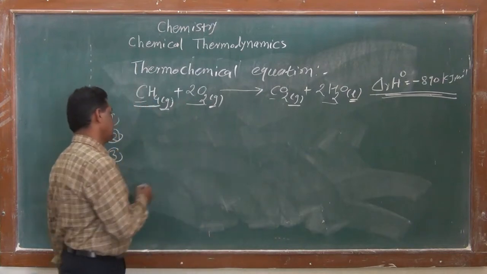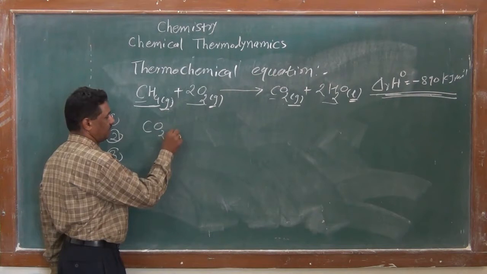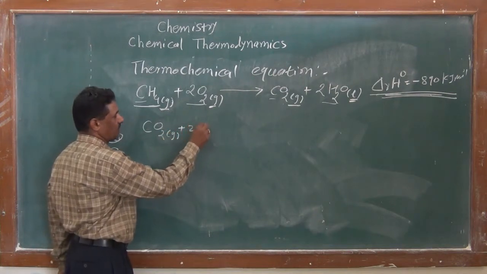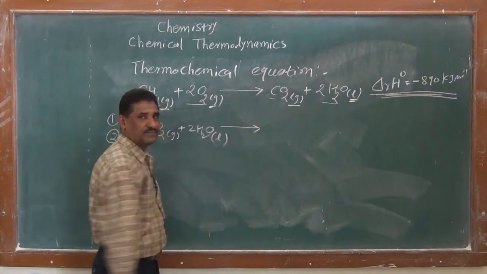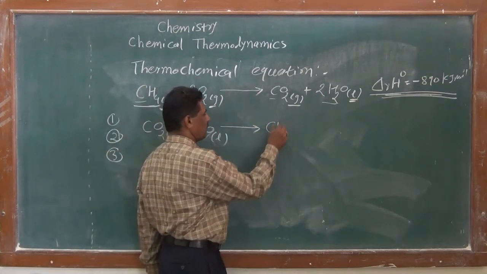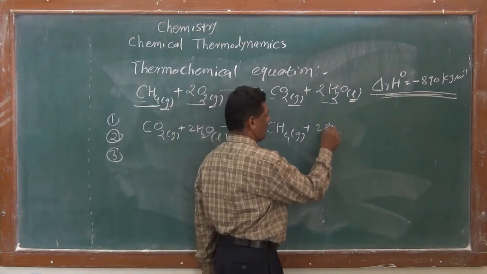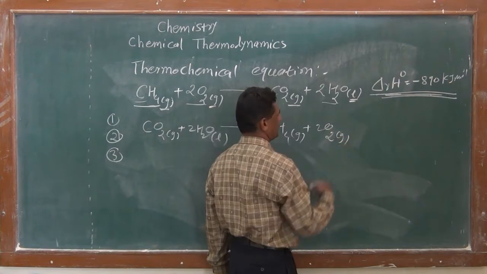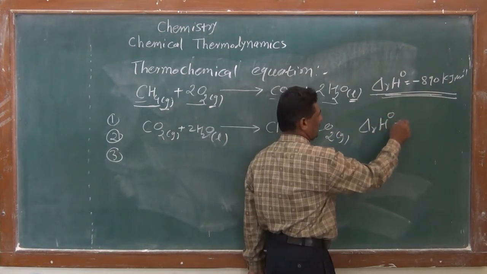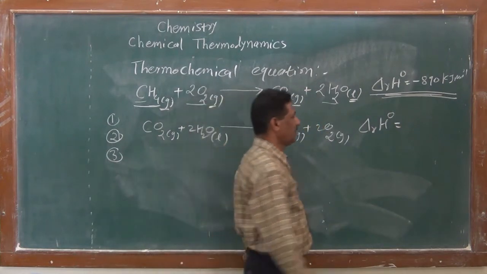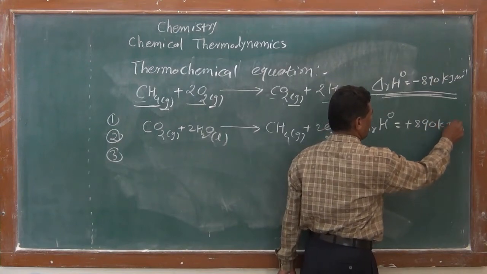We write this equation as CO2 gas plus twice H2O liquid gives CH4 gas plus twice O2 gas. That time delta RH0 is equal to plus 890 kilojoules per mole.